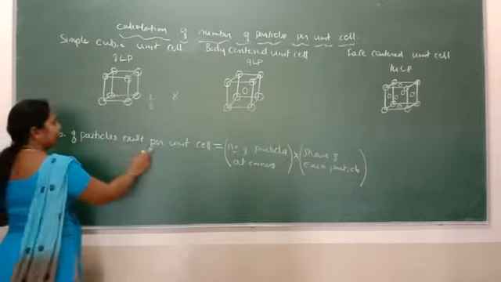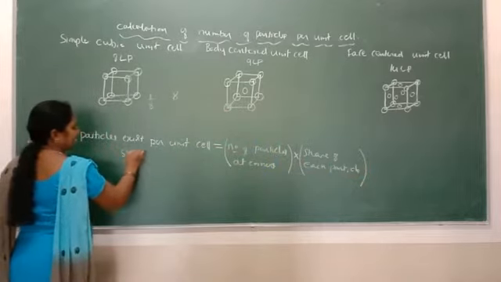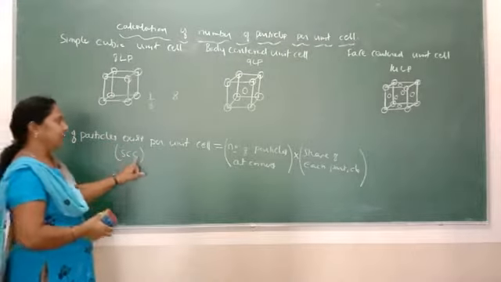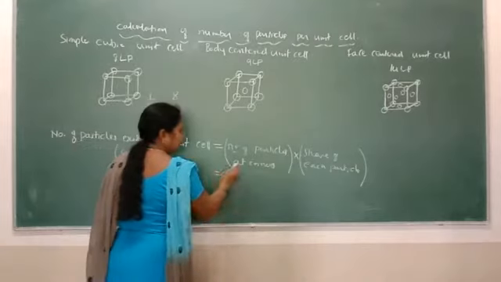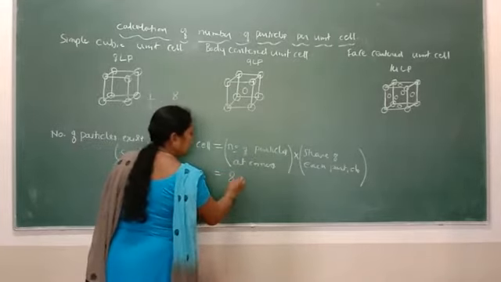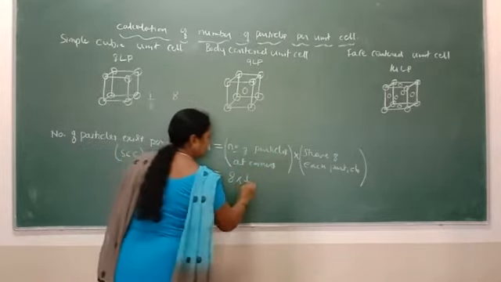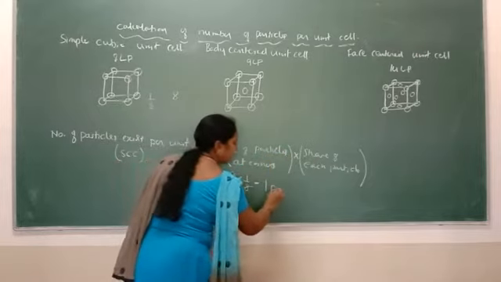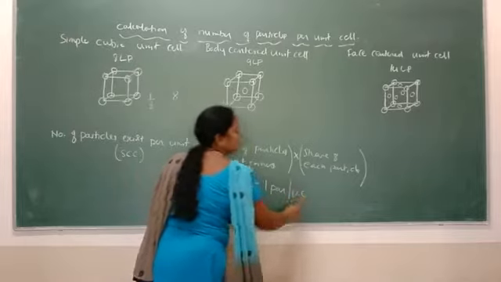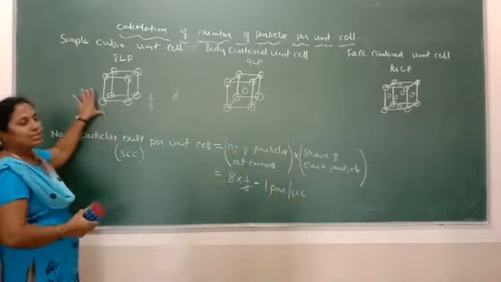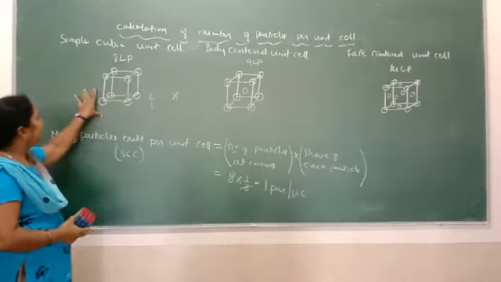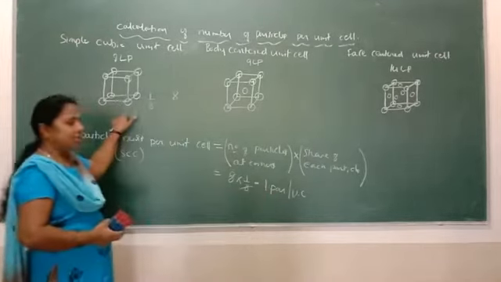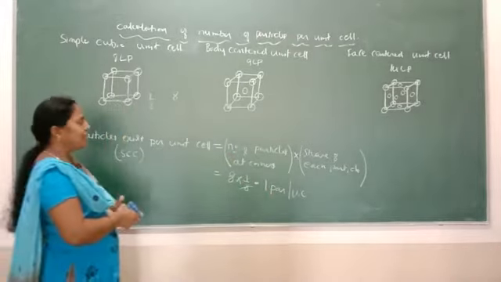So in case of simple cubic crystal unit cell, the number of particles at the corners is 8 and the share of each particle is 1 by 8. So that 8 gets cancelled with the other 8, so one particle exists per unit cell. In case of simple cubic unit cell, there is only one particle per unit cell. This is very, very important for the examination.